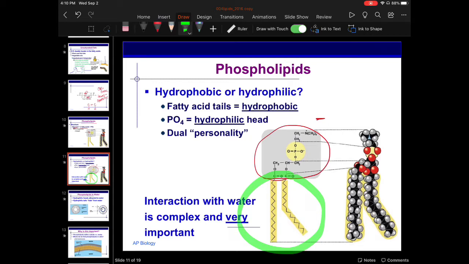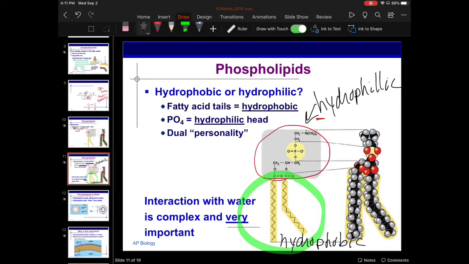So your fatty acid tails are hydrophobic. And the head, because of that polarity in that phosphate group, is hydrophilic.